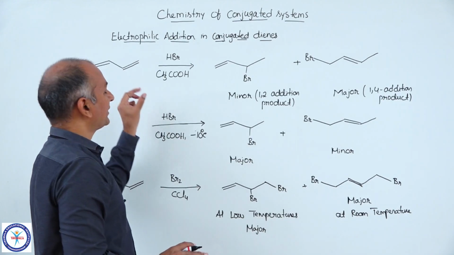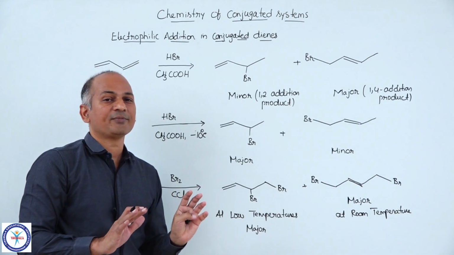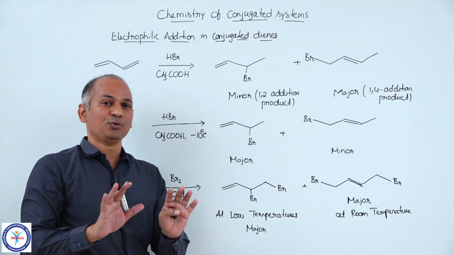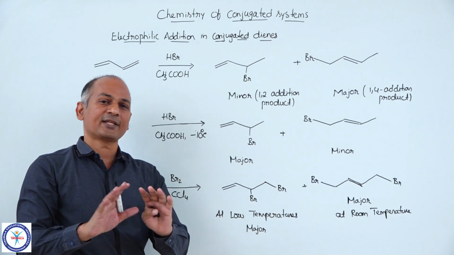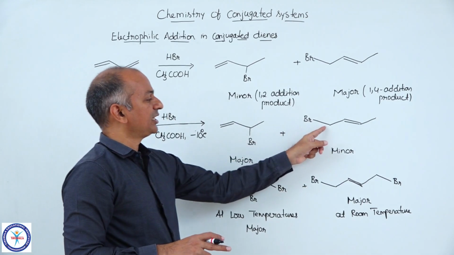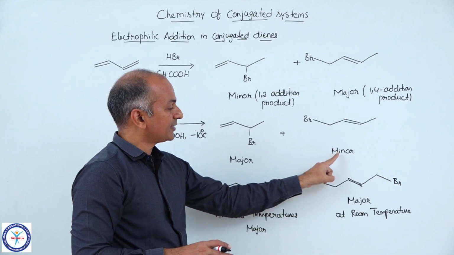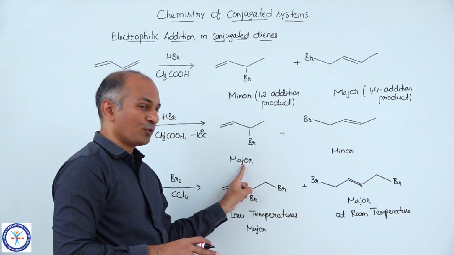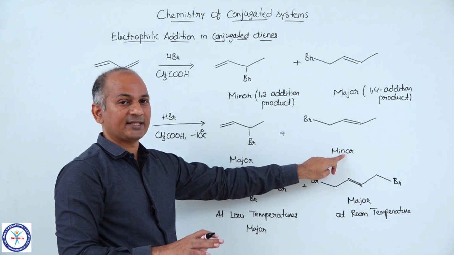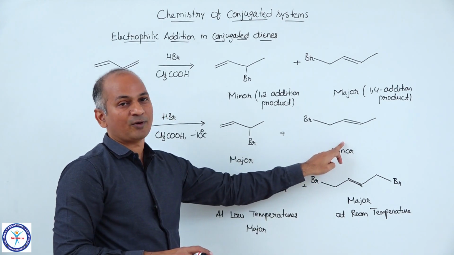Suppose you take 1,3-butadiene and perform the reaction at minus 10 degrees Celsius. You make all arrangements. Let us do the experiment at minus 10 degrees Celsius. This mixture is obtained: around 60% 1,2 product and 40% 1,4 product. Major is 1,2, minor is 1,4.